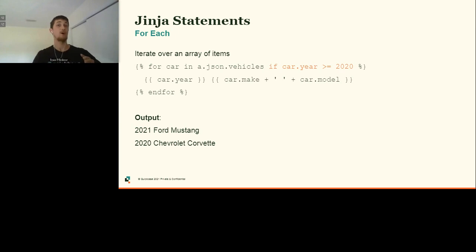So we're going to loop through all of those vehicles in the array, but we're only going to do something if the car year is greater than or equal to 2020. We can see at the bottom the output no longer has the 2017 Dodge Viper because it didn't pass that logical condition.